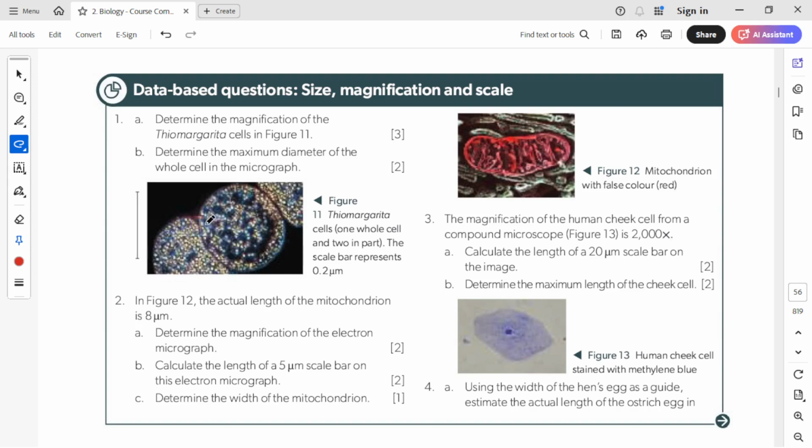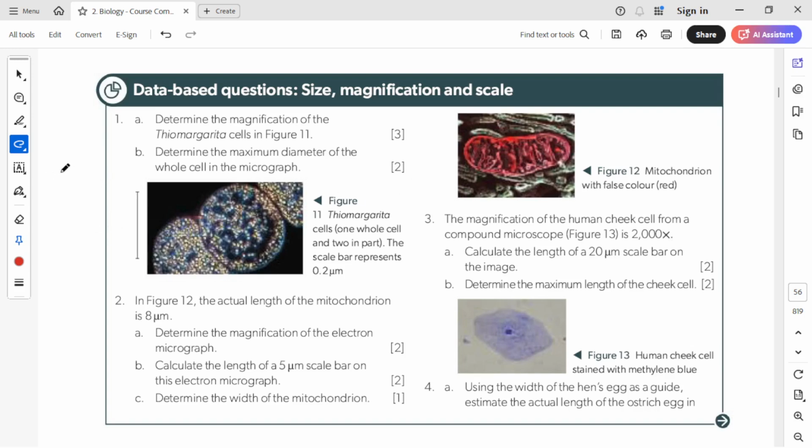Using a scale, you can measure the size of the cell in your book. That will be the size of the image, and the actual size of the specimen can also be seen. The scale bar represents 0.2 micrometer, so that is the actual size of the specimen. All right, so we will solve it like that.